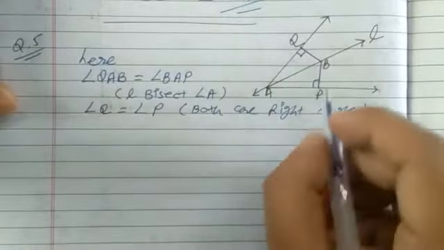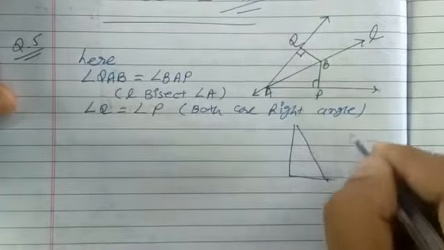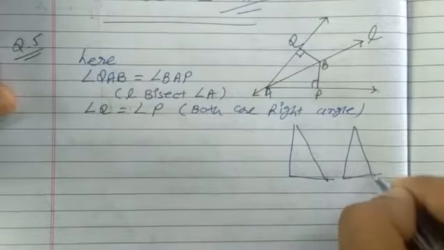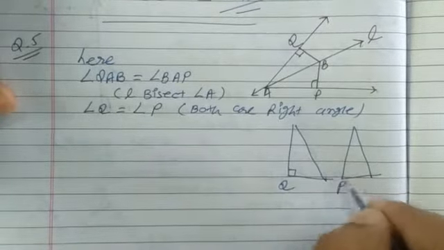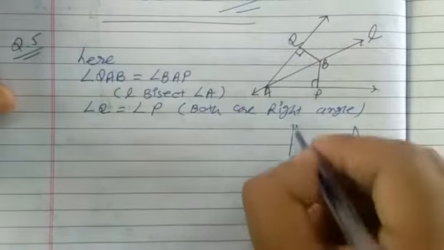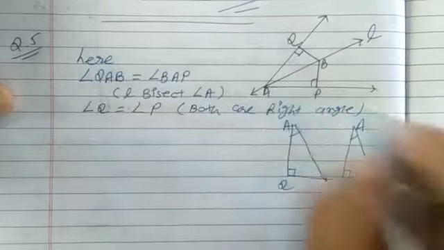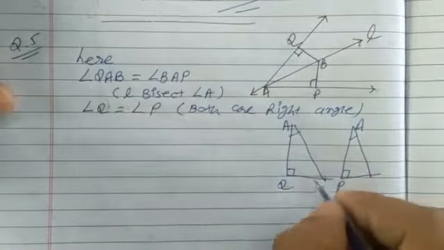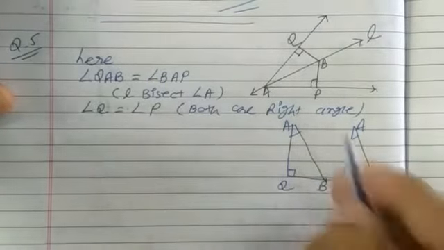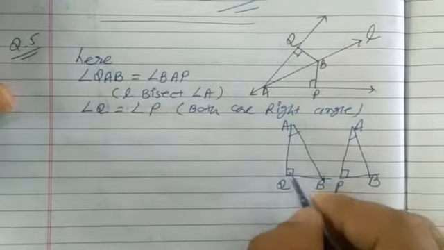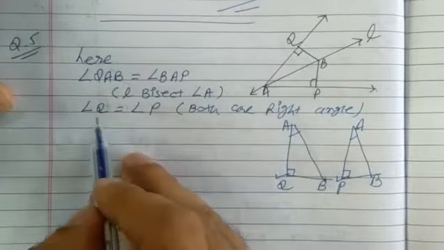Now look here. I would like to draw one rough figure like this. Here Q and here P are both right angles. Am I right? Now we have B. Look, both angles, first this one and this one, are equal.